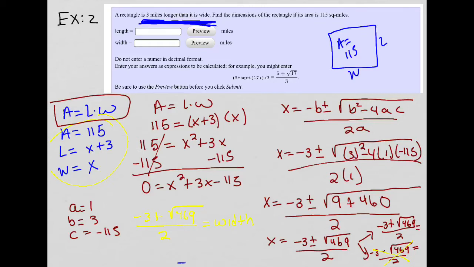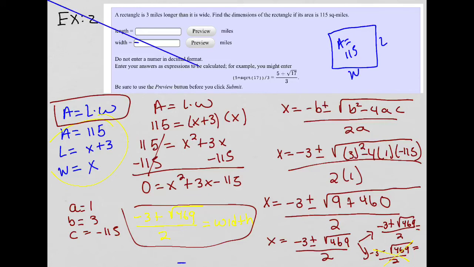Now, remember that the length is 3 more than the width. So I'm going to try my very best to type it in here so you can see how you're supposed to type this in. The width is what we found out right here. So the width is negative 3 plus the square root of 469, over 2. You want to put parentheses on the top.